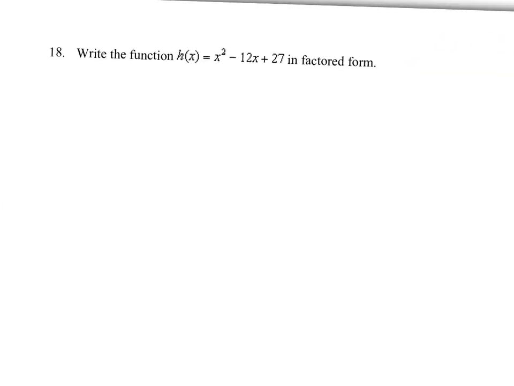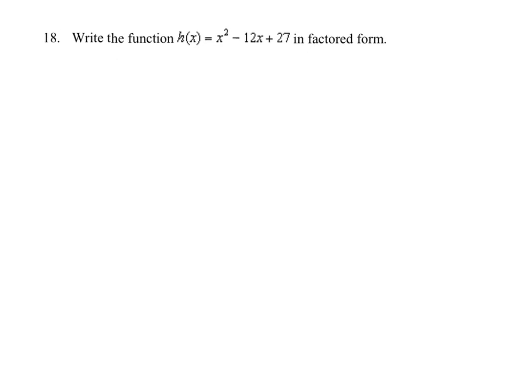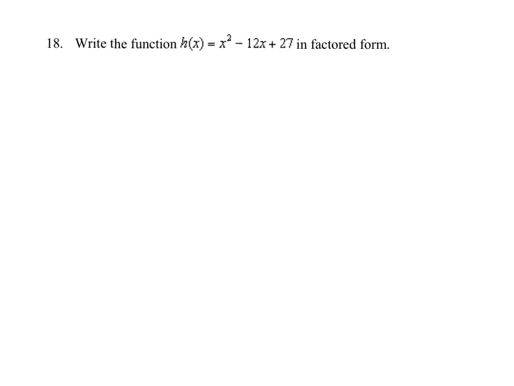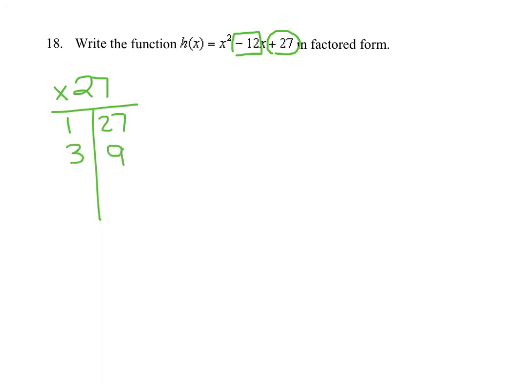Write the function x squared minus 12x plus 27 in factored form. So we have to figure out what two numbers multiply to a positive 27 but add to a -12. So think about 27, all of the multiples of it. It's got to multiply to a positive: 1 and 27, 3 and 9, and those are it.